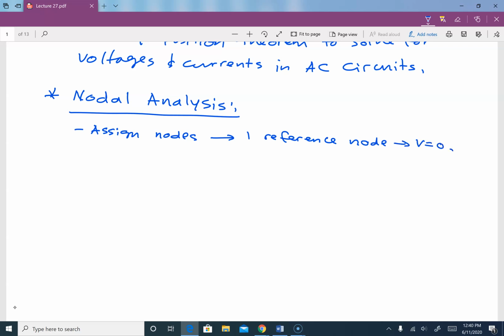And make sure that when you write a nodal equation, each term is an electric current term.